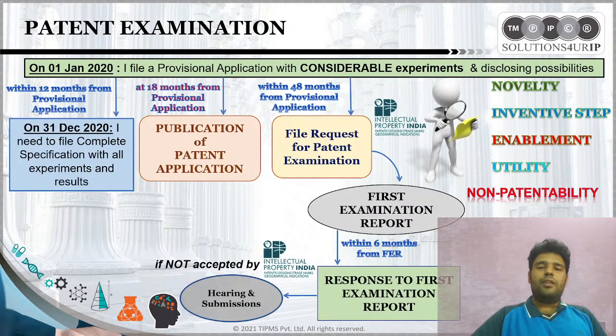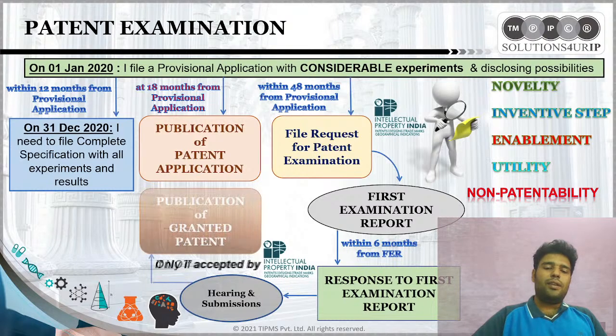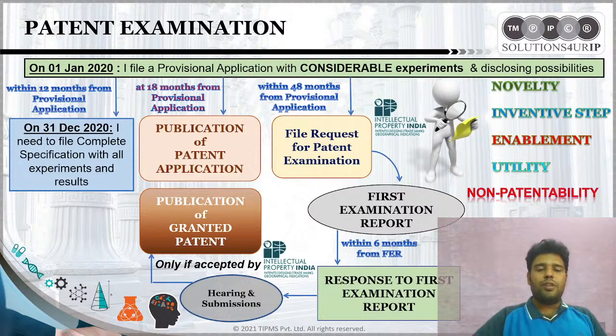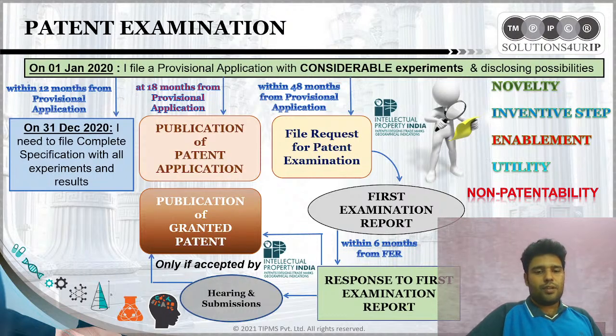And then if the patent office finds it acceptable, then only it is granted and then accordingly published. So after response to the first examination report, there can be two ways of getting the patent granted. Once directly without the hearing, other is after the hearing process.